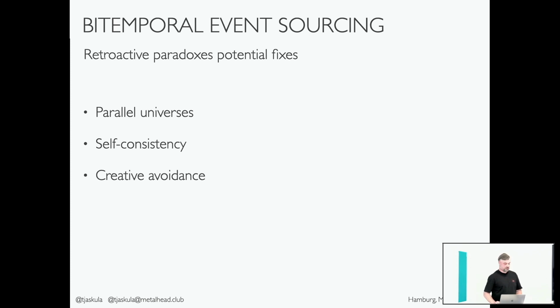you can deal with it in different ways, like parallel universe, self-consistency, creative avoidance. For example, the self-consistency principle, which was developed by Igor Novikov to solve the problem of time travel paradoxes, postulates that actions which would lead to paradoxes simply cannot be executed. So that's something you can model in your domain model.